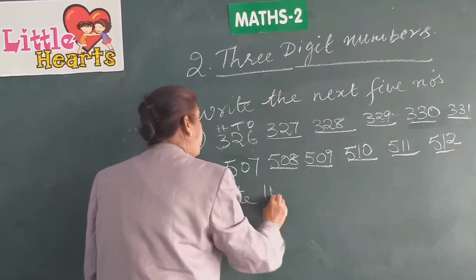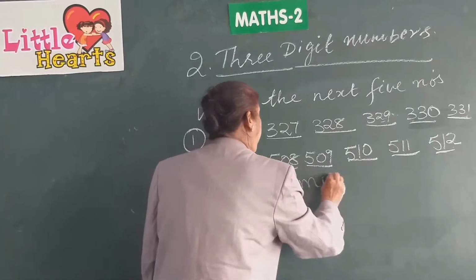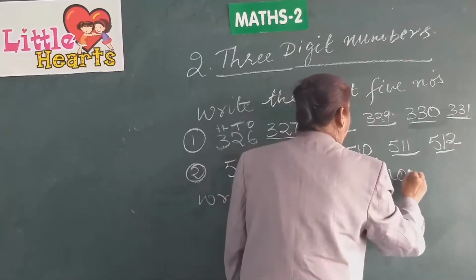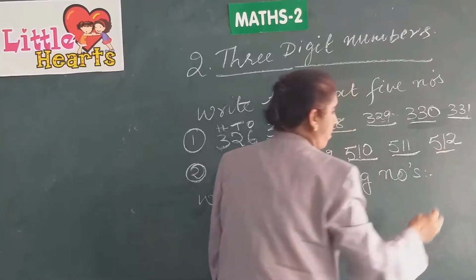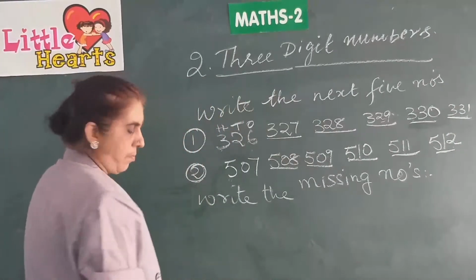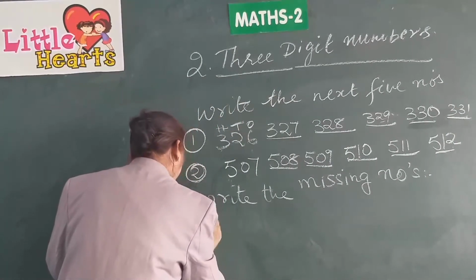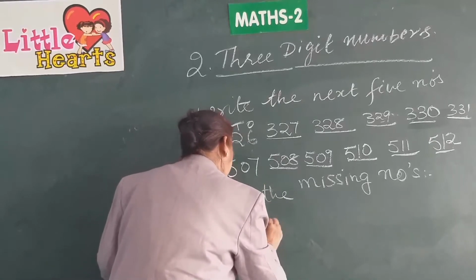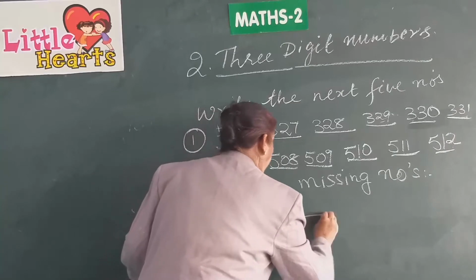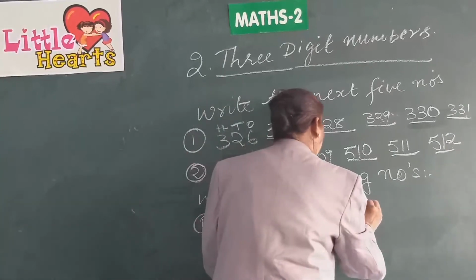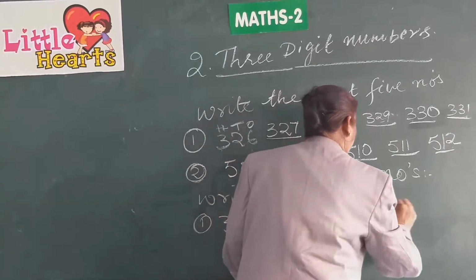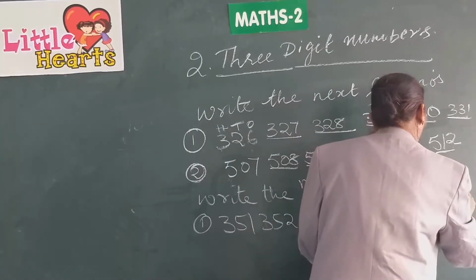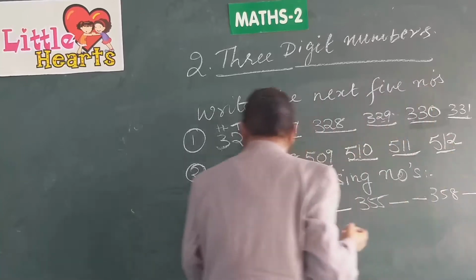Write the missing numbers. Three hundred and 51, 351.